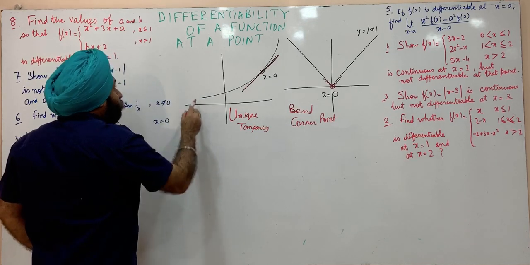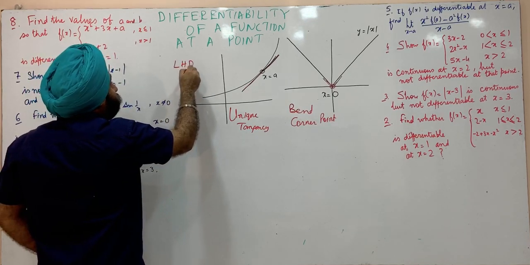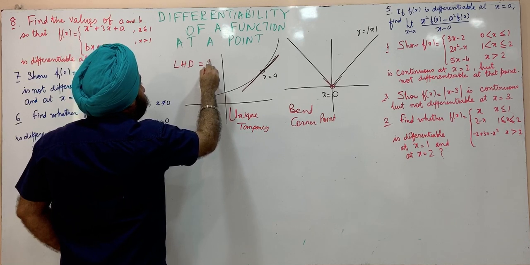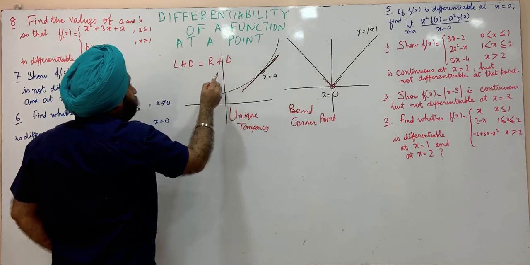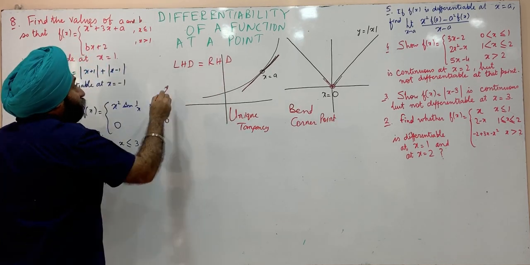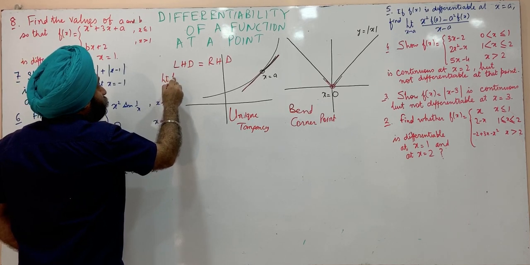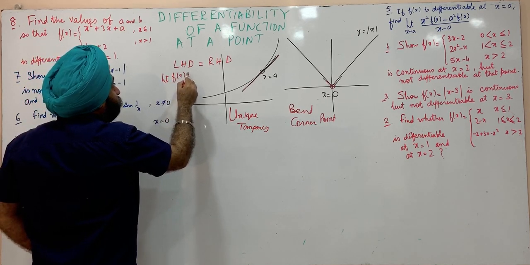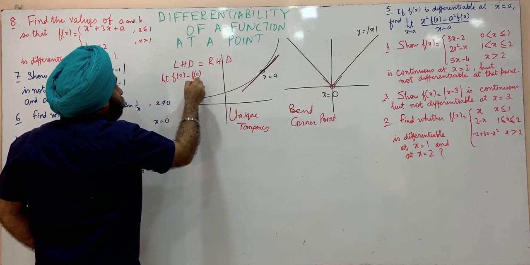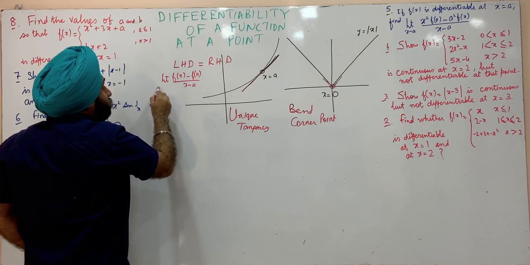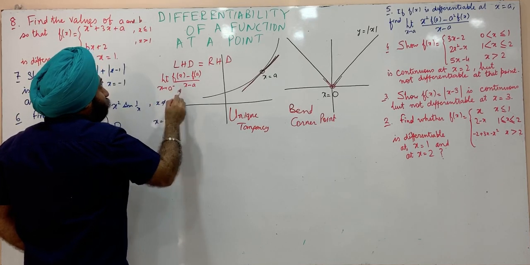Mathematically, we say a function is differentiable if the left hand derivative is equal to the right hand derivative. Left hand derivative is the limit of f of x minus f of a upon x minus a as x approaches a minus.